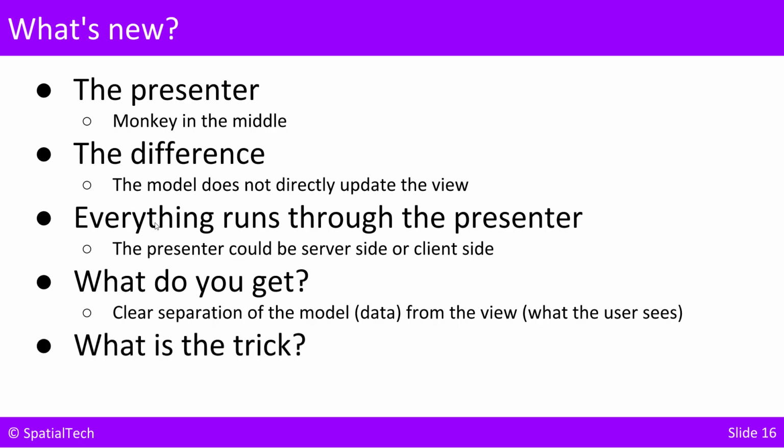And so you get really clear separation between model and view, right? And so then what is the trick?